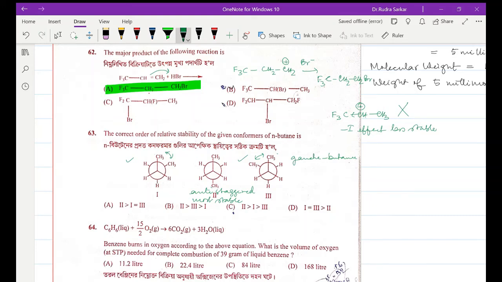So 1 and 3 are of equal energy and less stable than anti-staggered. So our answer over here is going to be this one.